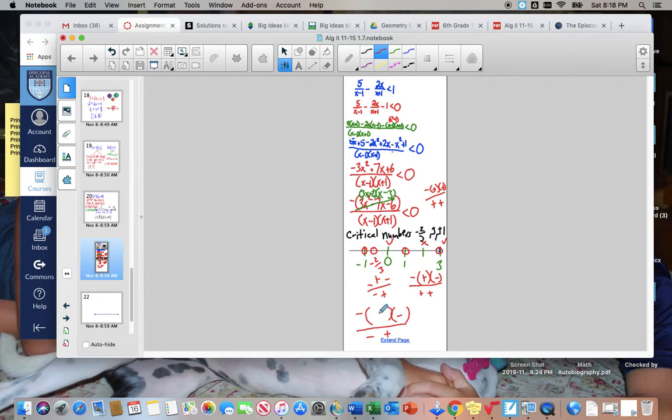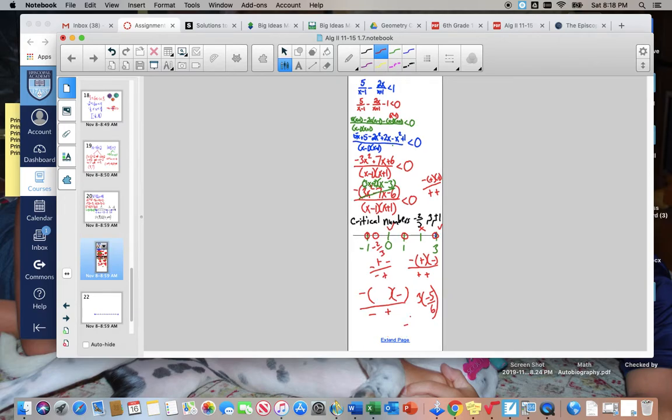And then let's just do a little work here. 3 times negative 5/6 is negative 15/6, plus 2 would be negative. Okay, so we have 1, 2, 3, 4 total negatives, so this is going to be positive, so that is not what we want.